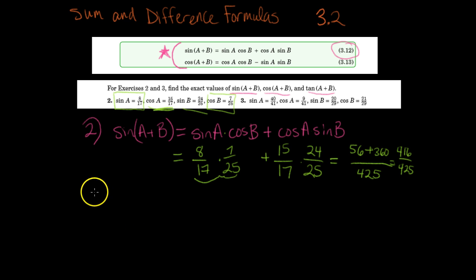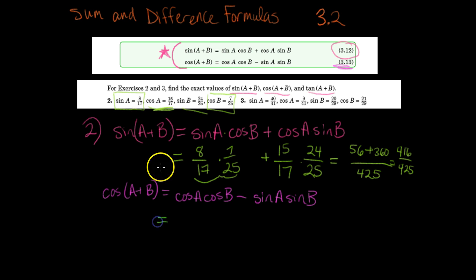Now we need to calculate cosine of A plus B. And if I do that, I'm just going to use identity 3.13. So we have that that's equal to cosine A cosine B. Notice that in this one, it's cosine and cosine together, and now minus sine A and sine B. And then once again, we're just going to do substitution. I'm on number 2.